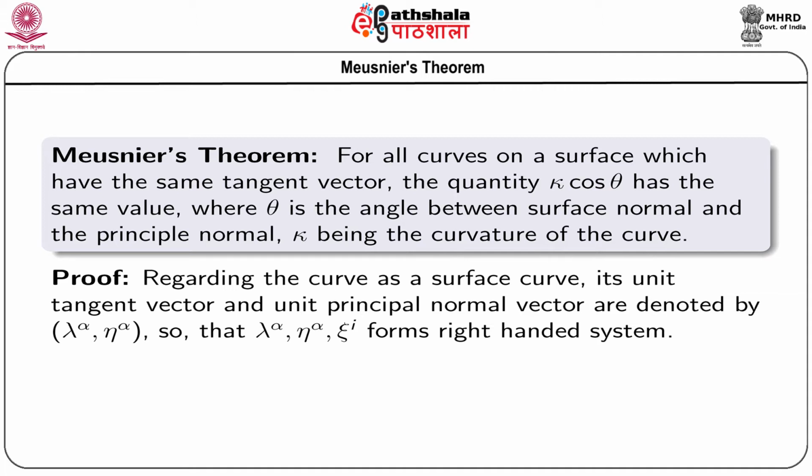So, lambda alpha are the components of unit tangent vector and eta alpha are the components of unit principal normal vector.